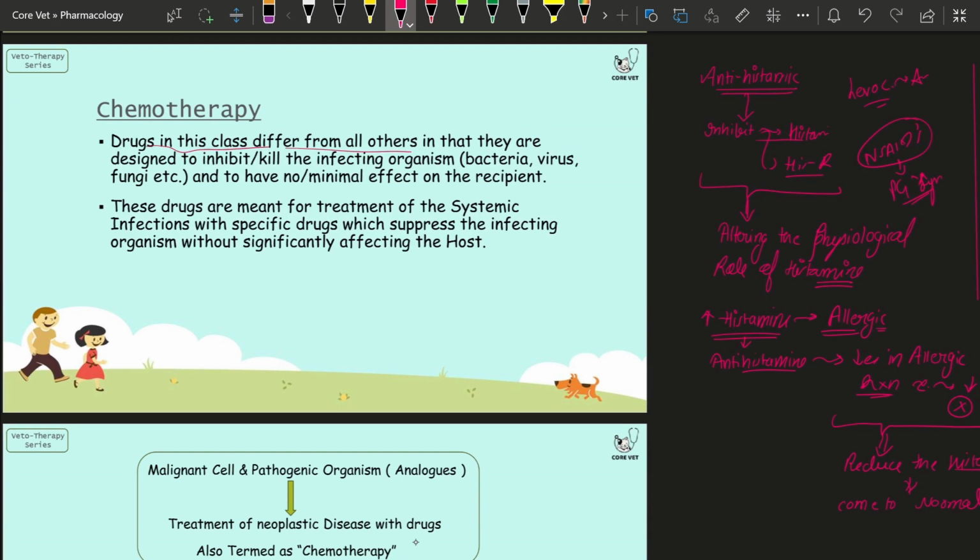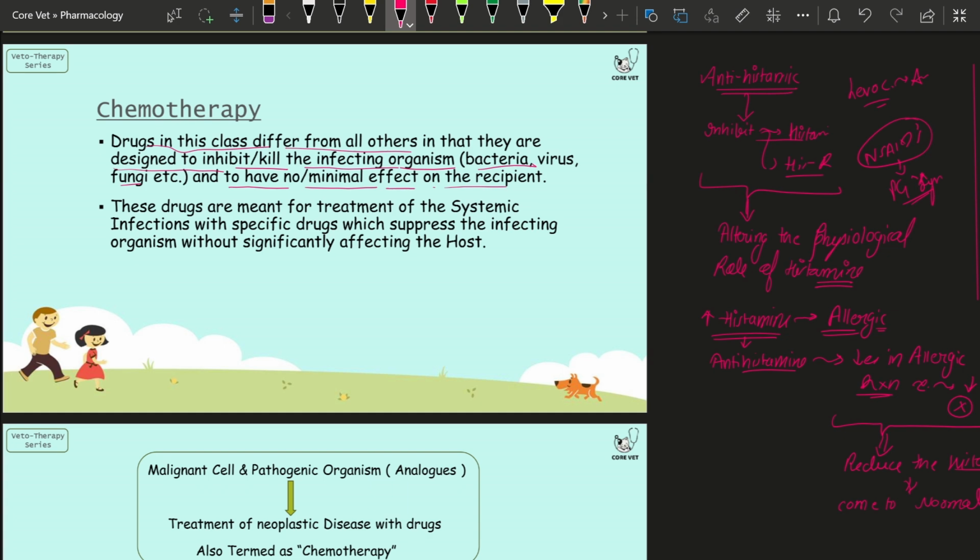How do these drug classes differ from the other classes? These are designed to inhibit or kill the infecting organism, which may be bacteria, virus, or fungi, with a minimum effect on the recipient. The adverse effect produced by a chemotherapeutic agent should be minimum. It shouldn't cause any adverse effect to the recipient you are giving the drug to.